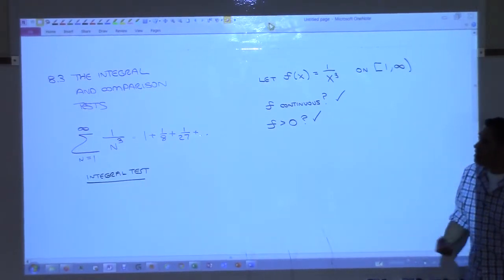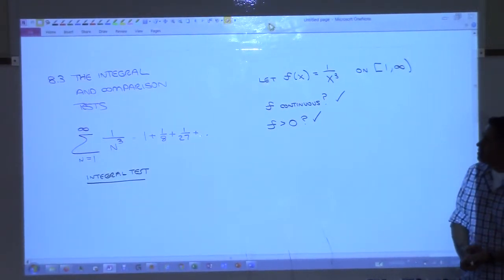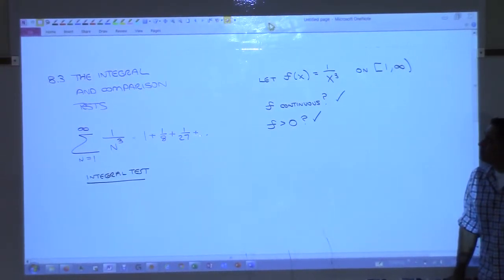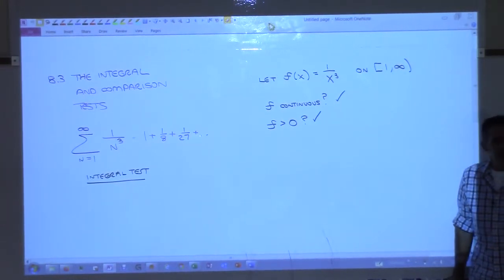Okay, what's the next condition we need? Is it decreasing? Well, is it decreasing? Yes. Convince me. If you plug in 1, 2, 3, 4, 5, and 6, the fractions are getting smaller. Smaller? The fractions are getting bigger, but the number itself is getting smaller. What do y'all think? Is that acceptable? I think logically that makes sense. I mean, if you start plugging in numbers, they get smaller.